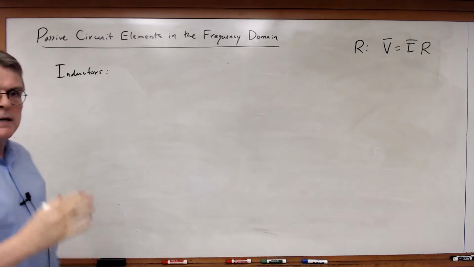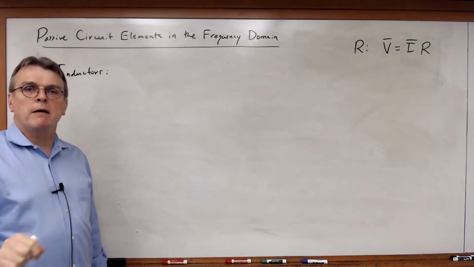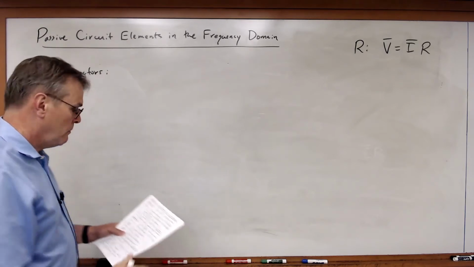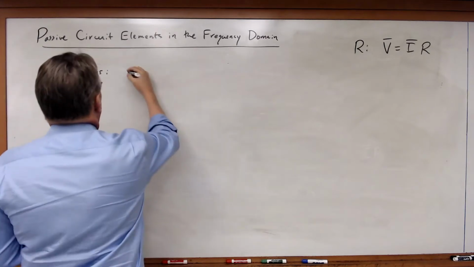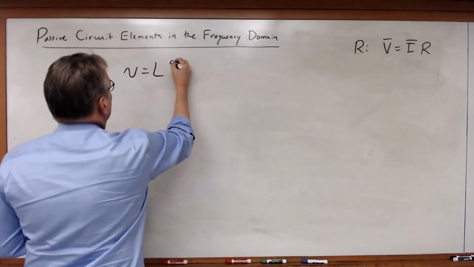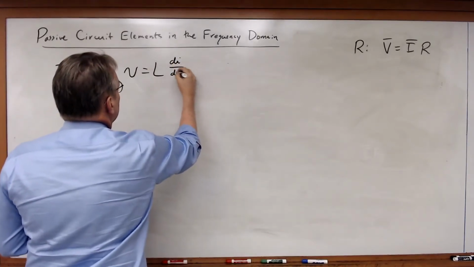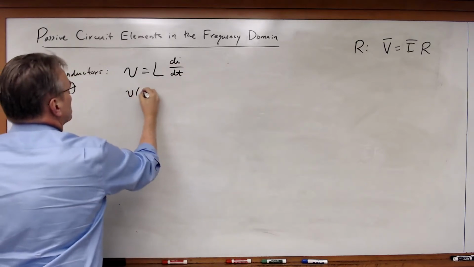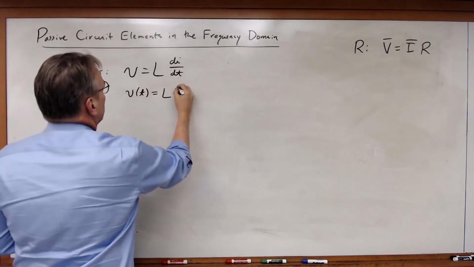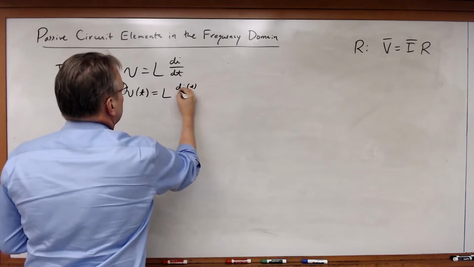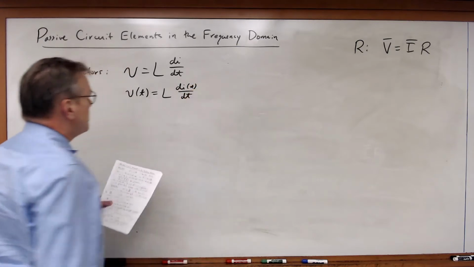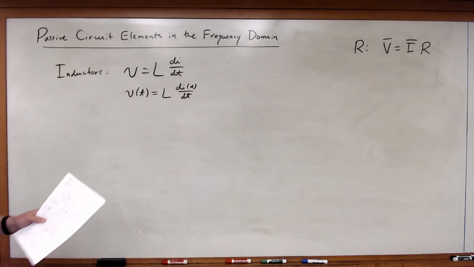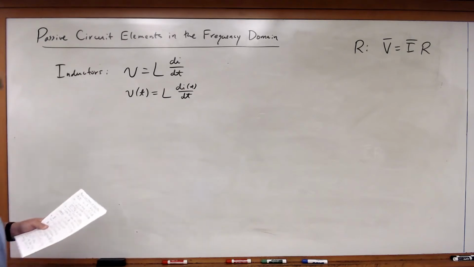All right, once again, in inductors, what's the time domain equation that relates V and I? Well, we know that V is equal to L di dt, or, of course, V of t is equal to L di of t dt, to be a little more formal about it. So here's our time domain equation.